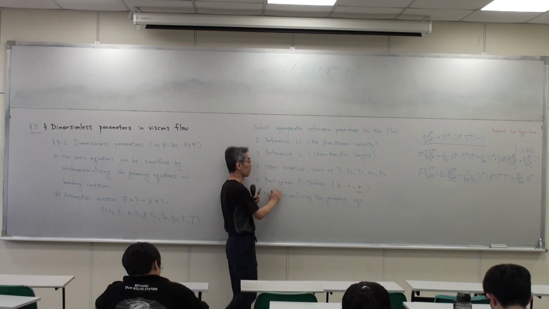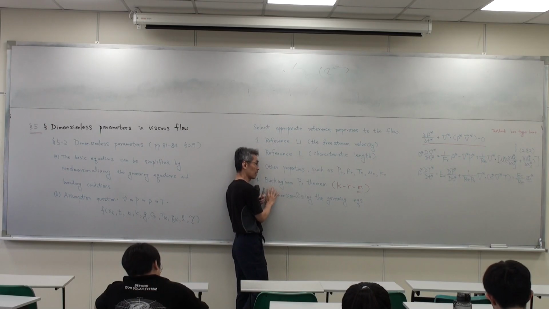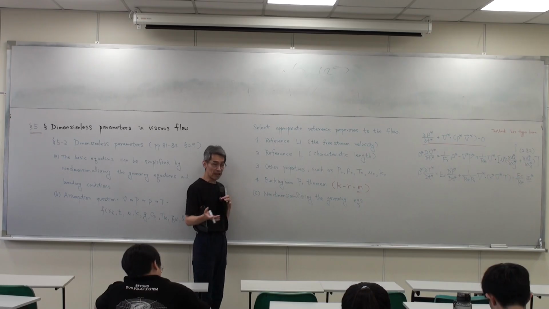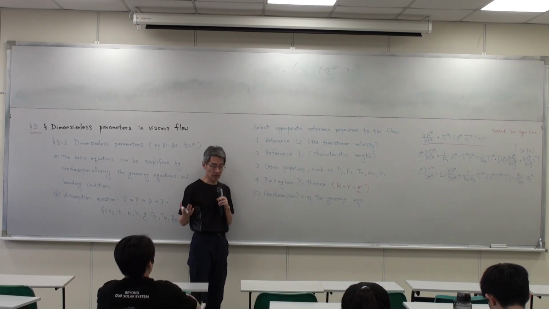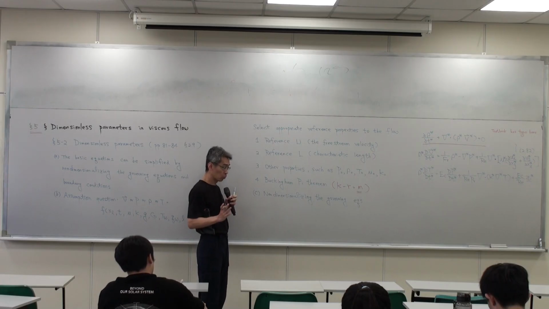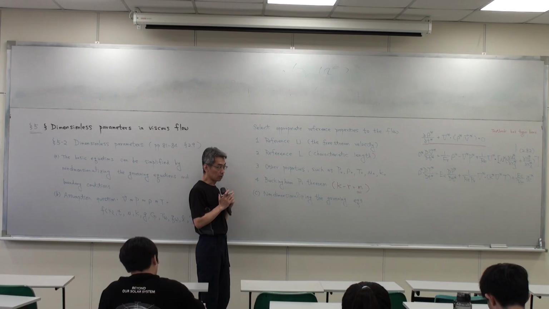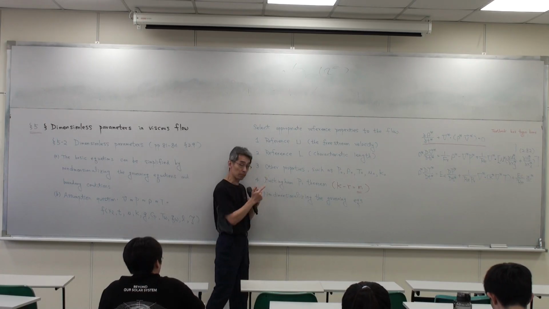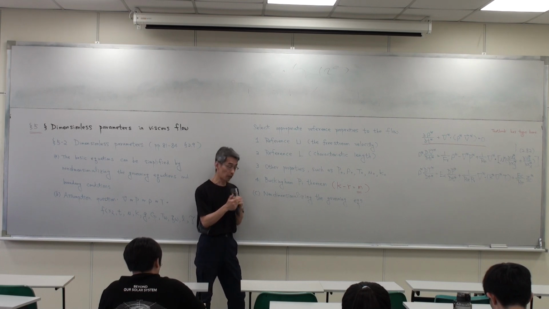So this is also a different kind of non-dimensional parameter advantage. Reduce the unknown number, and you can do the experiment in the laboratory size depending on this non-dimensional parameter. Okay?